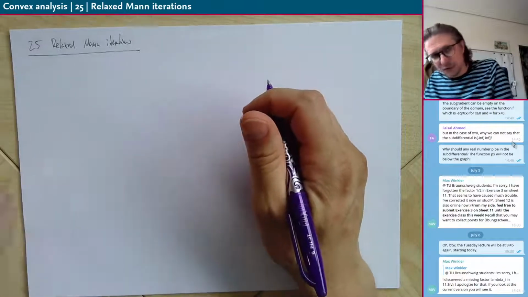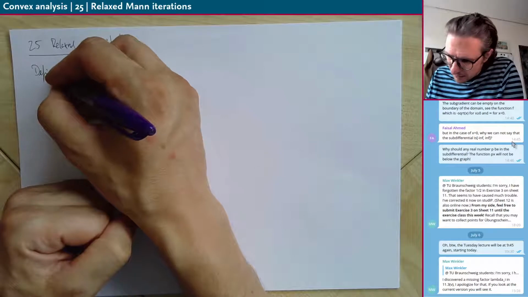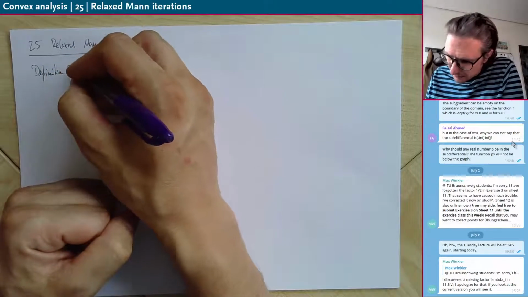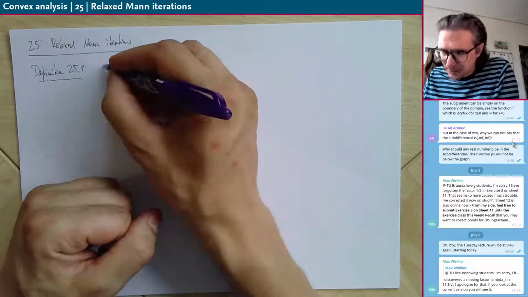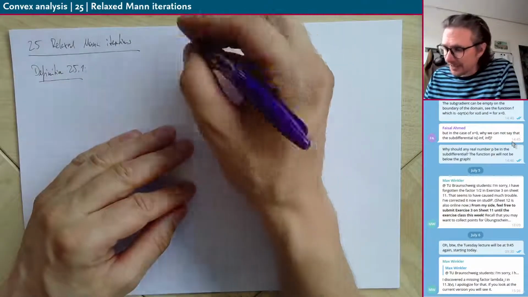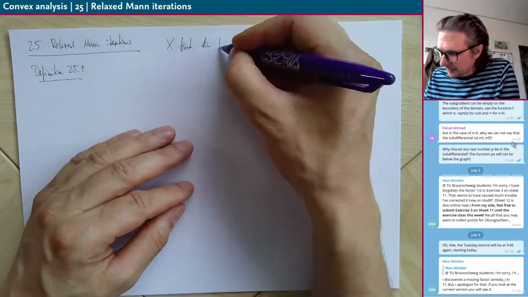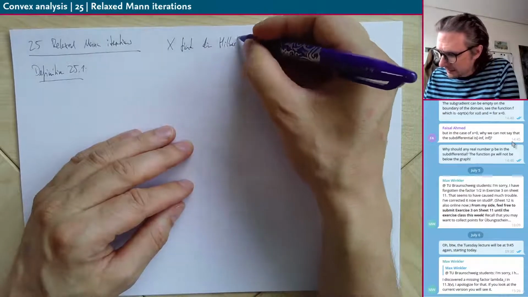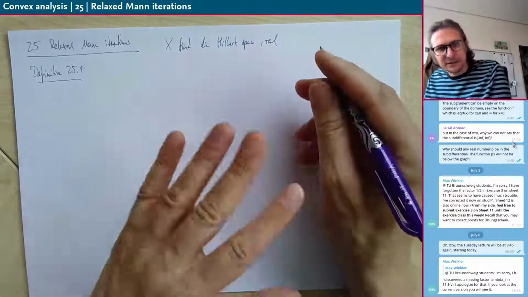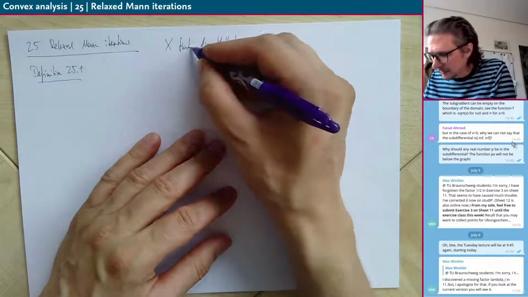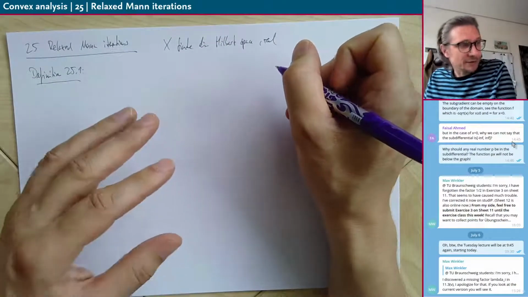Before we state these iterations and prove convergence, we introduce a notion which is pretty helpful in this context. This is definition 25.1. It's the notion of Fejér monotonicity. So we still work in X, which is a finite dimensional Hilbert space, actually a real one, basically isomorphic to R^n with some inner product, but we don't need that here.